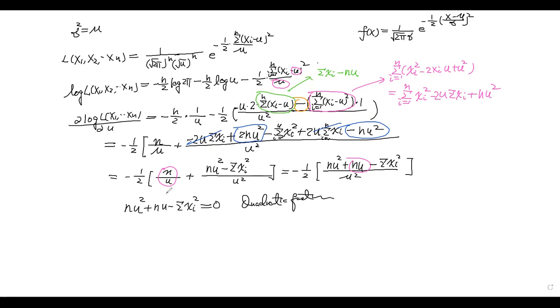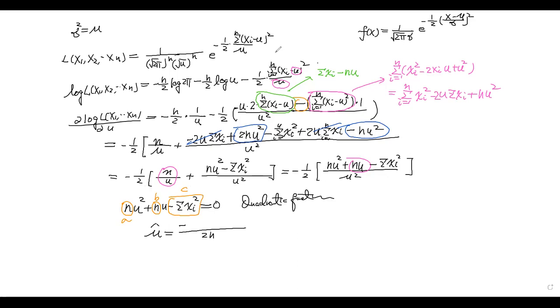For the quadratic function, the mu hat will be over 2a, so it's 2n, correct? Then minus b. So let's put notations here. This will be my a, this will be my b, and this whole thing is my c, right?